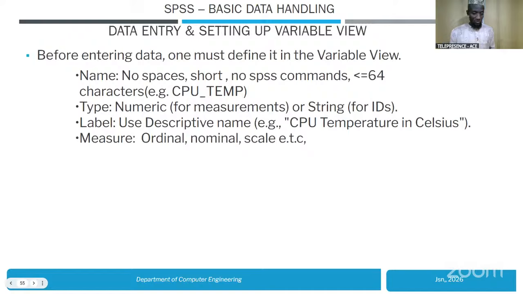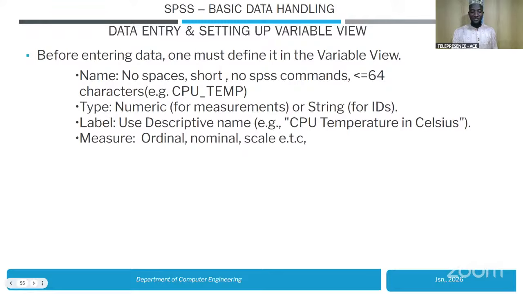We also have the numeric data type, which you can use for taking measurements such as numbers or integers. We have the string data type, which you can use for creating IDs or categories or names and so forth. We also have label. Labels are descriptive names.